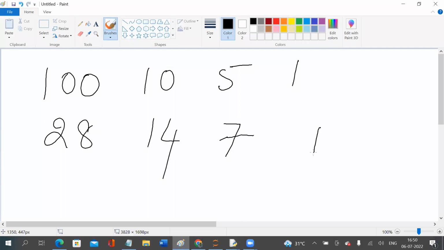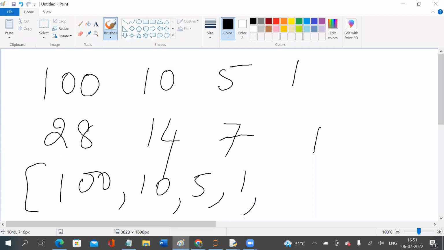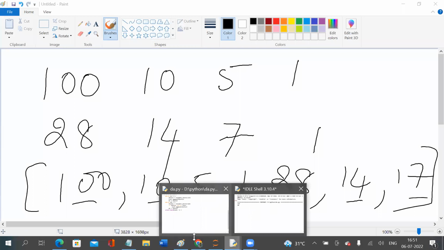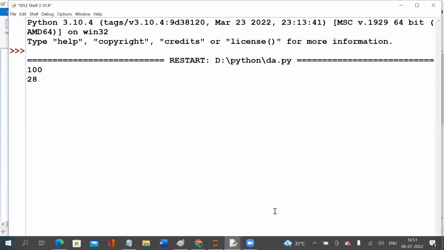For 7, 1. Total factors are 100, 10, 5, 1, 28, 14, and 7. How many? 7. 7 minus 1, answer should be 6. Why 7?